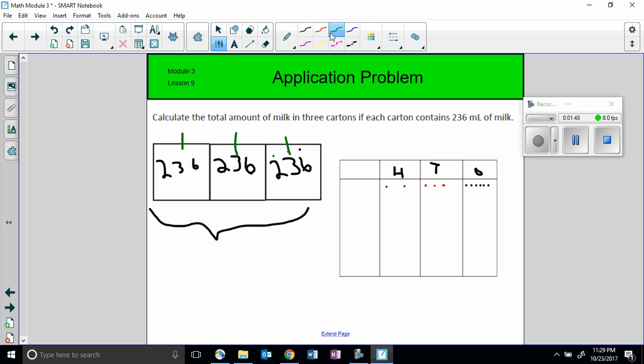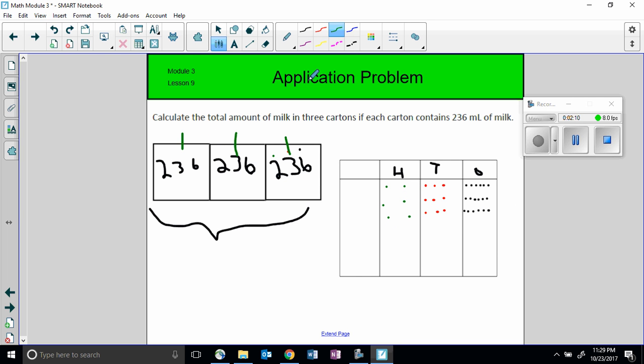I do have 3 groups. So that means I need to have 3 groups in each column. Now I have 1 group, 2 groups, 3 groups that each represent 236.